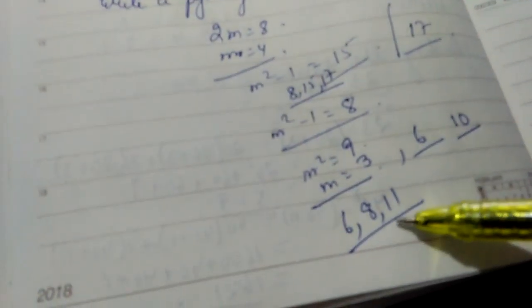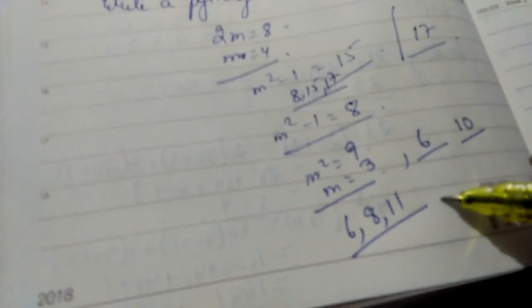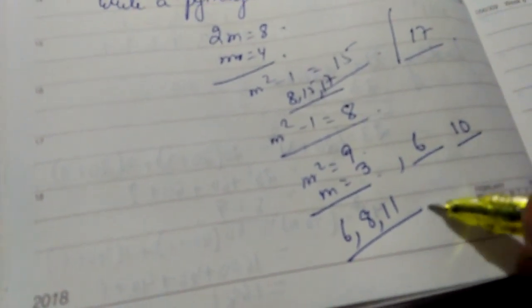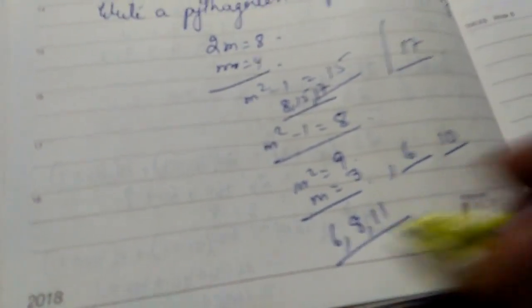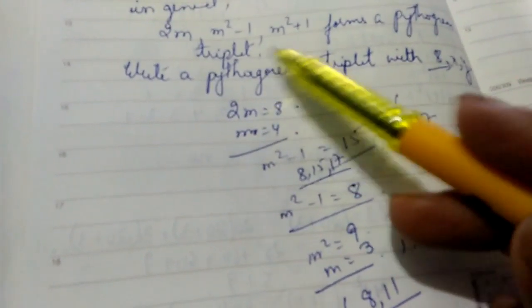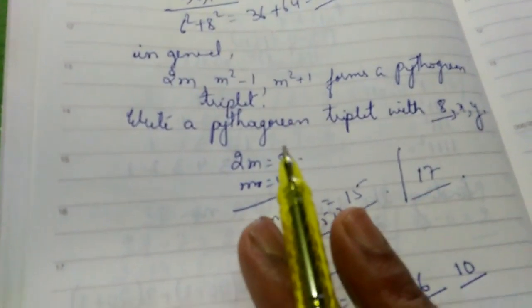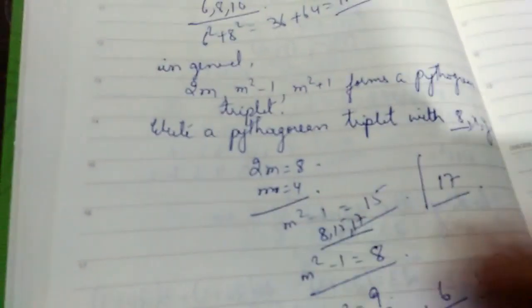So we would have gotten another triplet, 6, 8 and 10. But in this case 8 is not the smallest number. 8 is the second smallest number. So this will be discarded. The correct answer is got from the first one, by assuming 2m is equal to 8. This is how you will be asked to find a Pythagorean triplet. This is fairly easy.